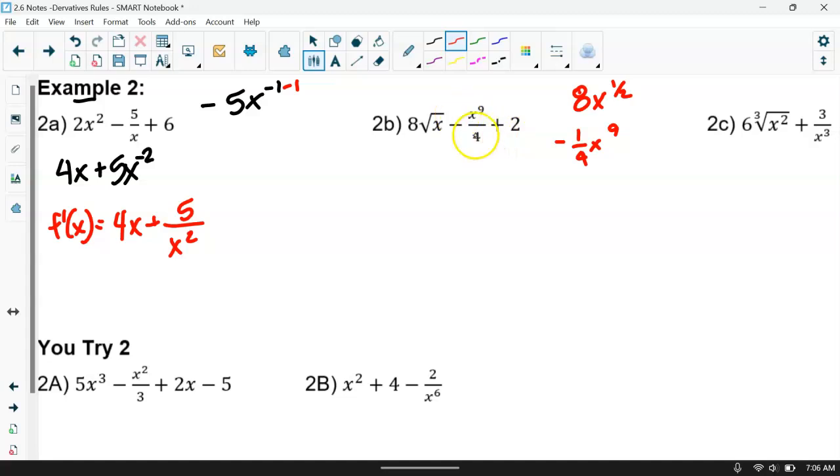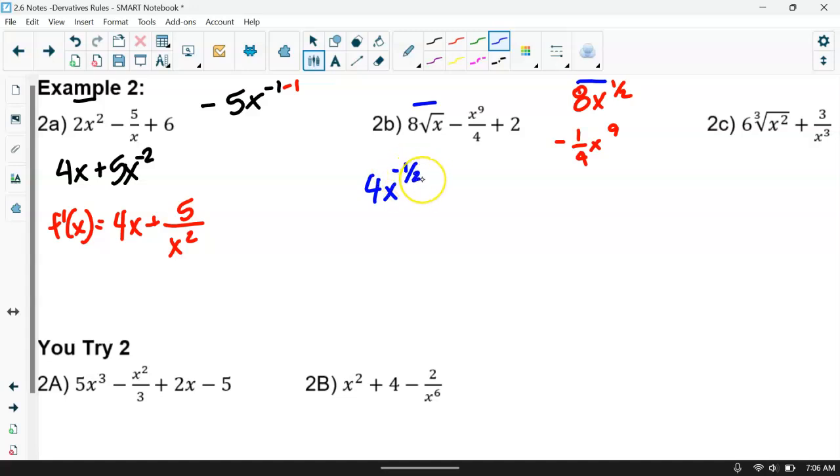So that's negative 1/4 here times x to the 9th. So here the derivative of our first function. So what do we end up with here now after multiplying by 8? So 4, then x to the, what is our new exponent now for x after subtracting 1?